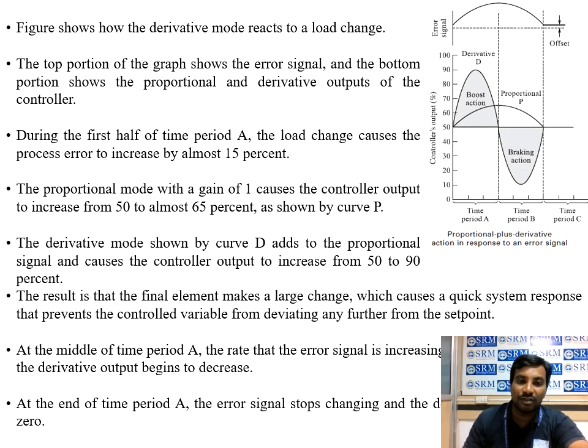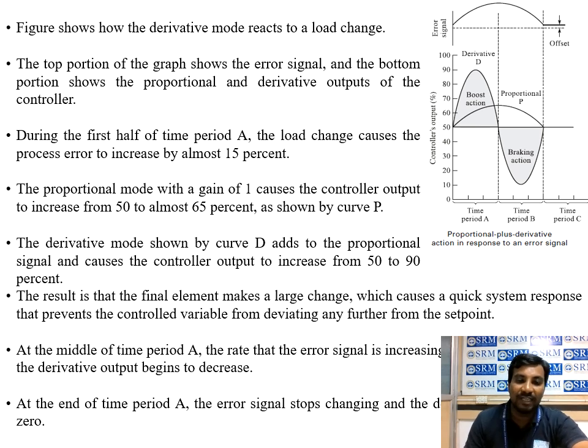You can see this figure shows how derivative mode reacts to the load change. The top portion of the graph shows the error signal and the bottom portion shows the proportional and the derivative outputs of the controller. During the first half of time period A, the load change causes the process error to increase by almost 15%.